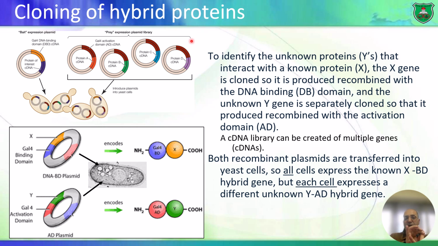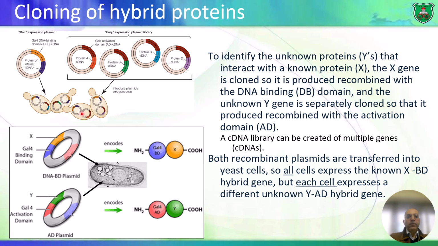The plasmid that produces recombinant protein X, and a plasmid that would produce either recombinant protein A, or recombinant protein B, or recombinant protein C, or recombinant protein D. Okay? So each yeast cell would have two plasmids.